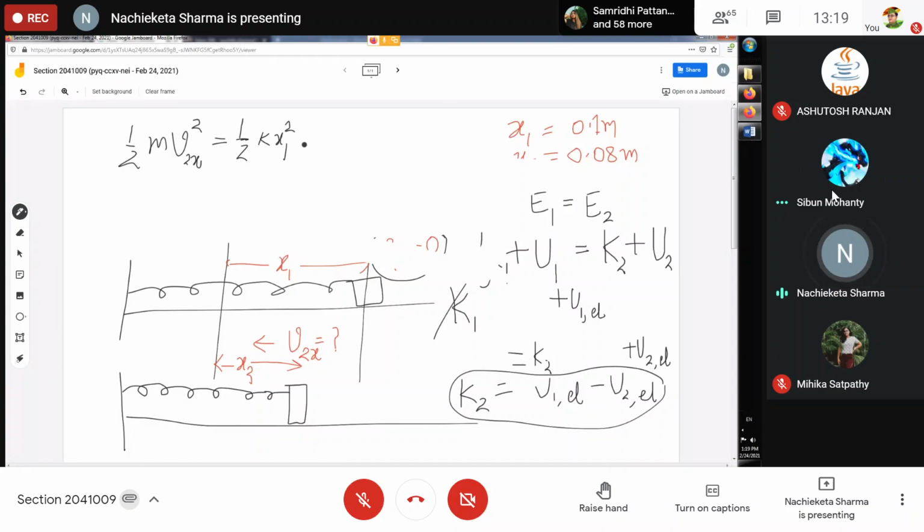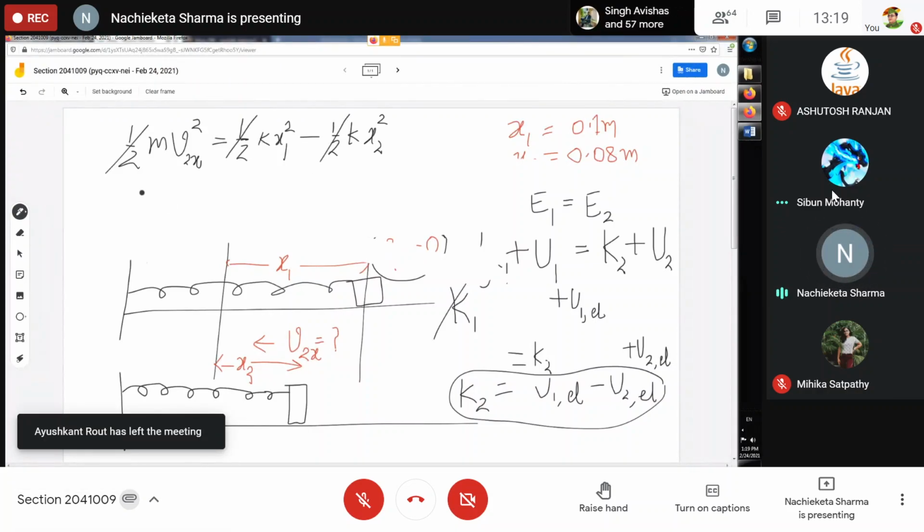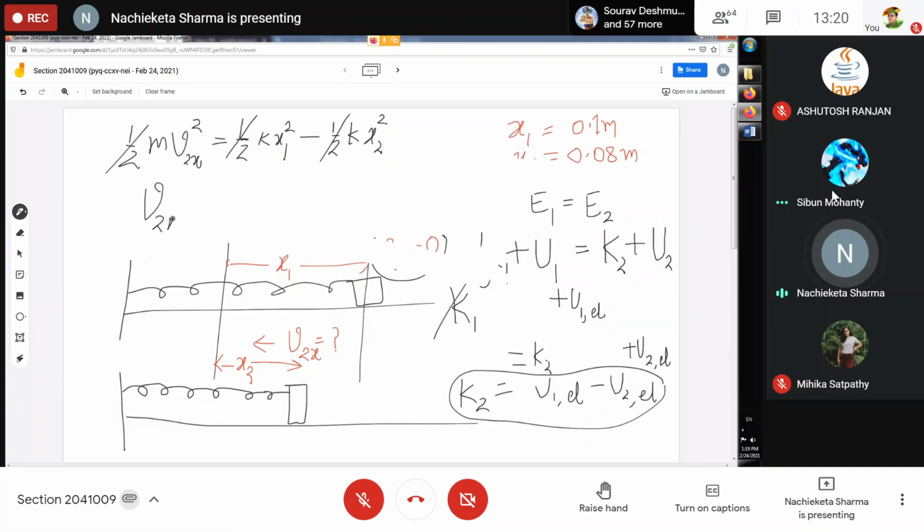Okay, similarly u2 el will be half kx2 square. Now there is half here, there is half here, there is half here, and I am interested to find out my v2x. So v2x square is equal to k divided by m, that is, x1 square minus x2 square.